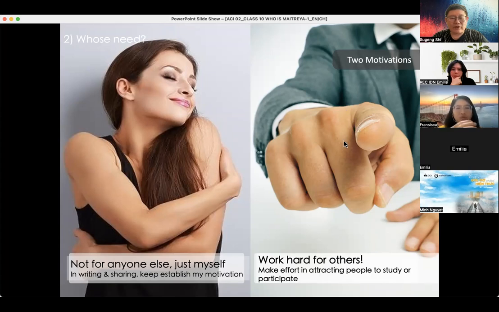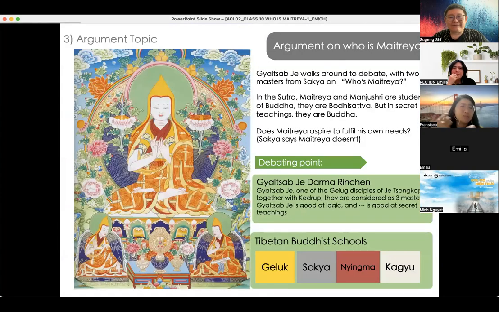So people are debating whether Maitreya wrote the commentary for himself, so that he doesn't forget, or for others, so other people can study and learn and also become enlightened. So this is the debate, right? So basically, Gyaltsabje was debating with two masters from Sakya on who is Maitreya.